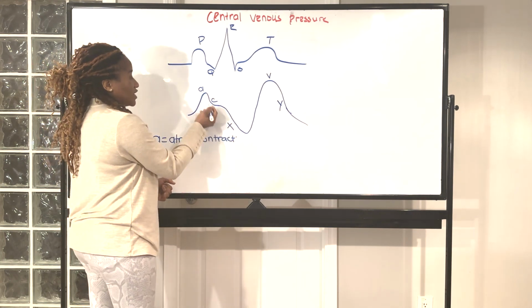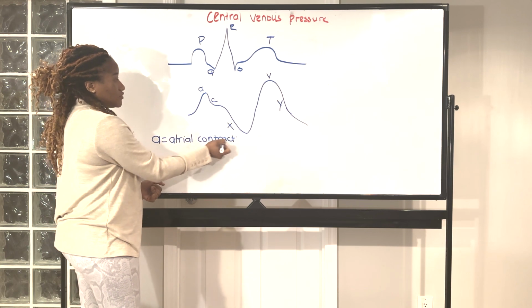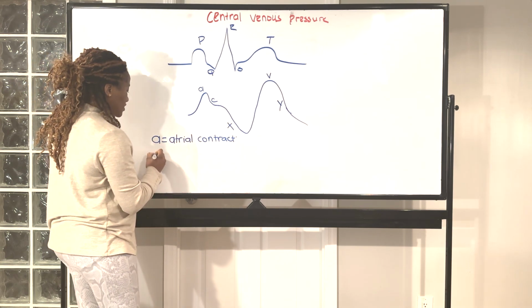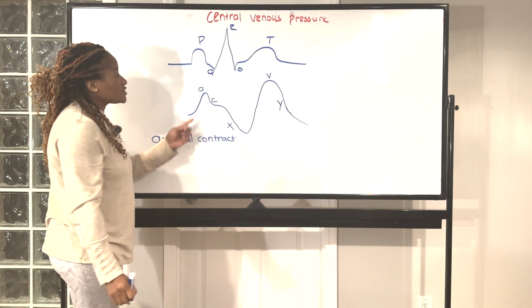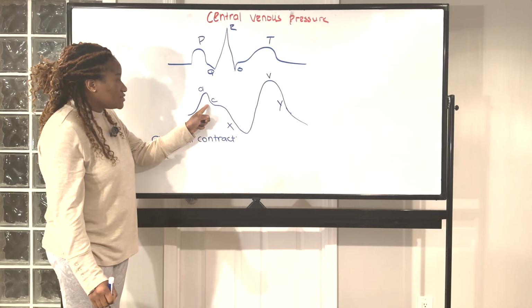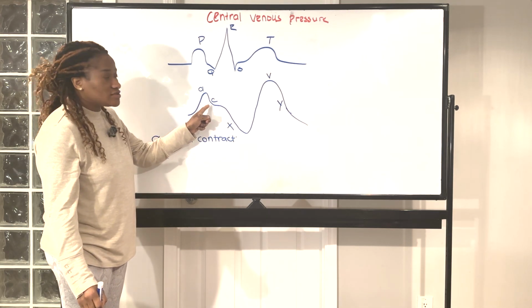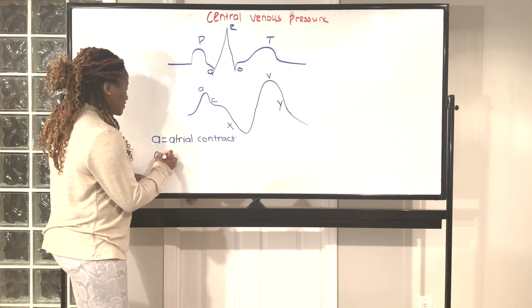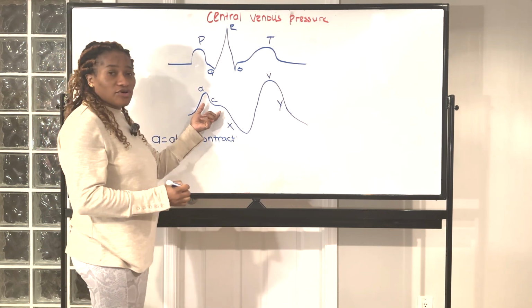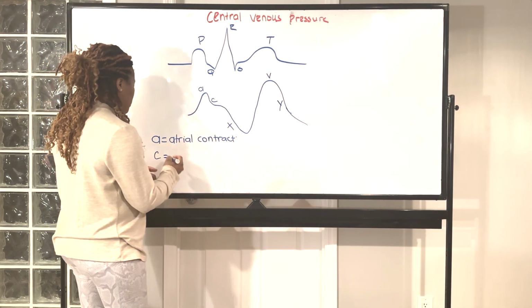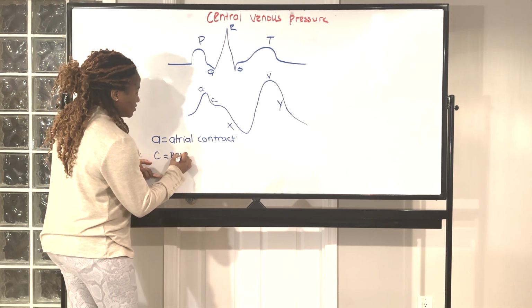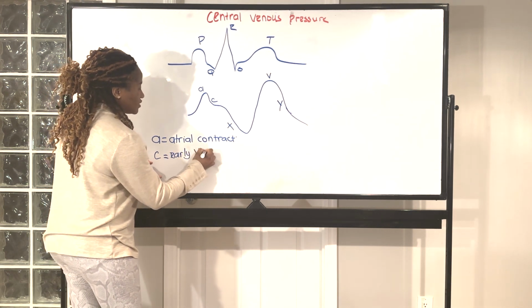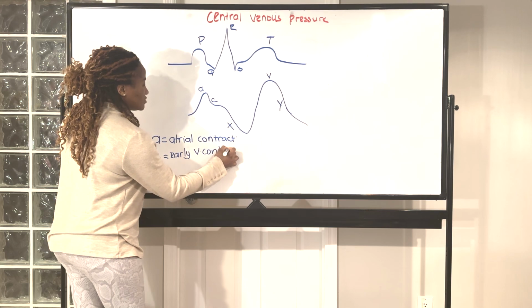So right after the atrial contraction, we have the C. And if you look at it closely, it's a little indentation right here. So that's the C, and the C here is your early ventricle contraction.